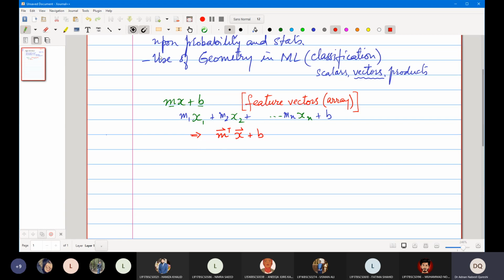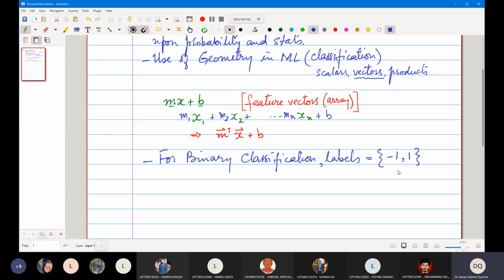Another important thing is that in SVM, Vapnik suggested that for binary classification, we use the labels -1 and 1 instead of the 0, 1 or yes, no that we have been using in other algorithms.